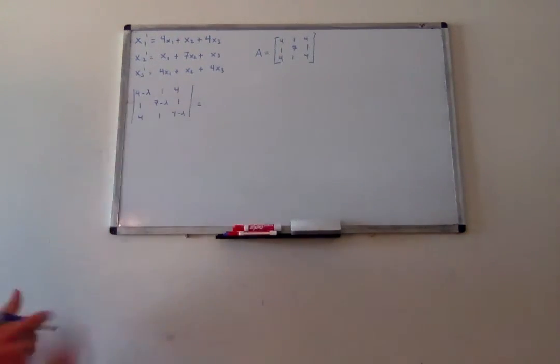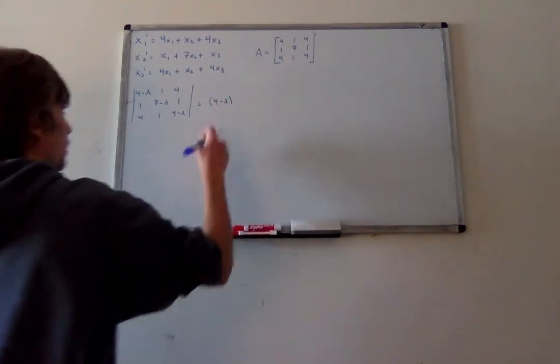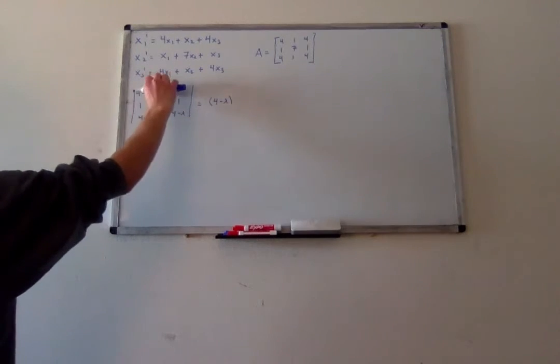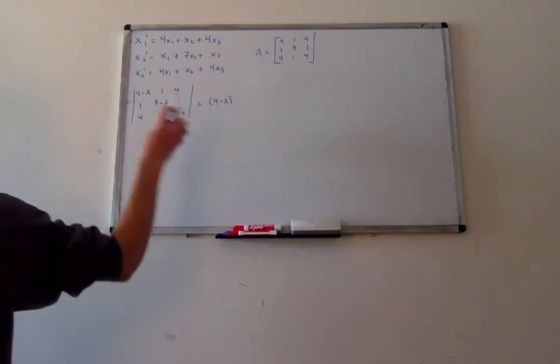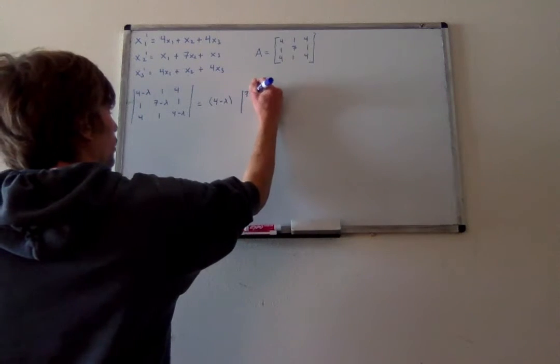And what you do is you take one of your elements, cover up its corresponding row and column, and then multiply by the determinant of the 2x2 matrix of what remains.